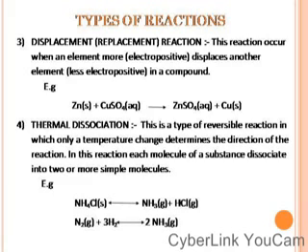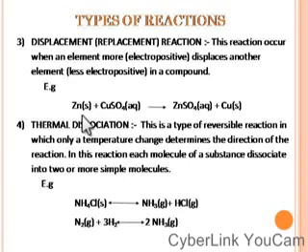They displace those that are less electropositive in a compound. So this reaction occurs when an element which is more electropositive displaces another one which is less electropositive in a compound.